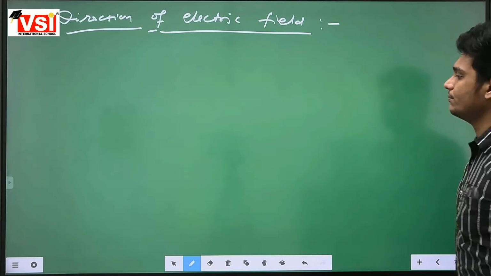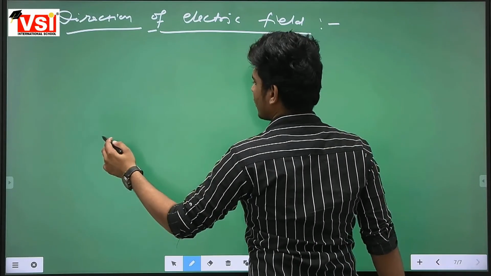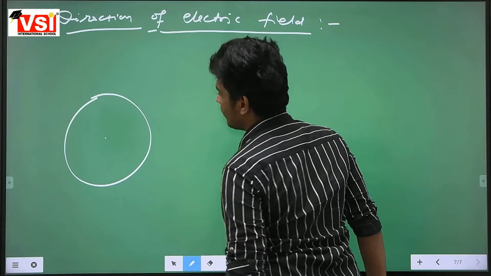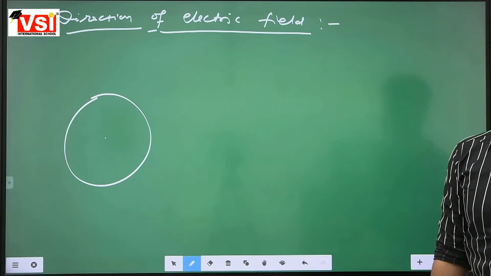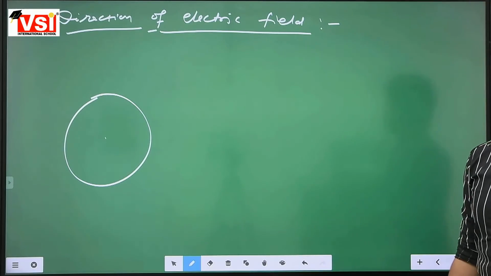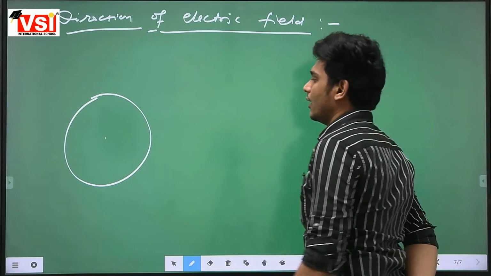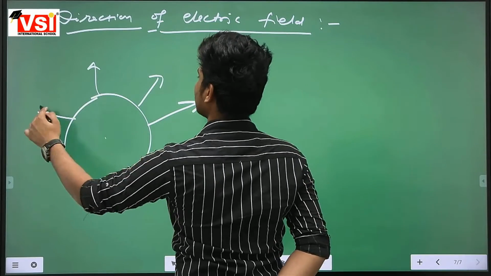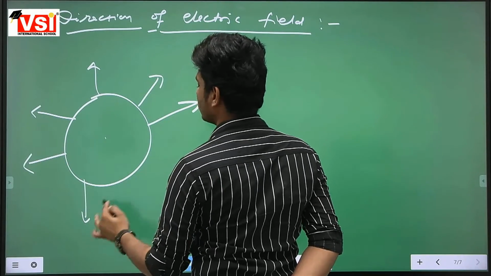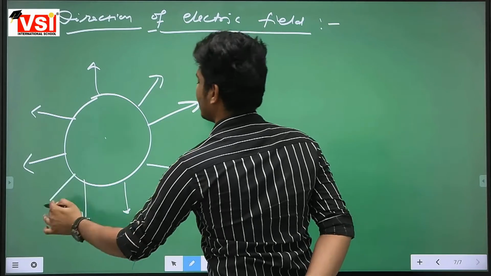For example, let's take the same configuration. This one is the charge, this one is the equipotential surface, and we have to find out the direction of the electric field. From Gauss's law and the Gauss chapter, the electric field will be perpendicular and outward to the surface. This is the result we have already observed in our previous lectures and chapters.